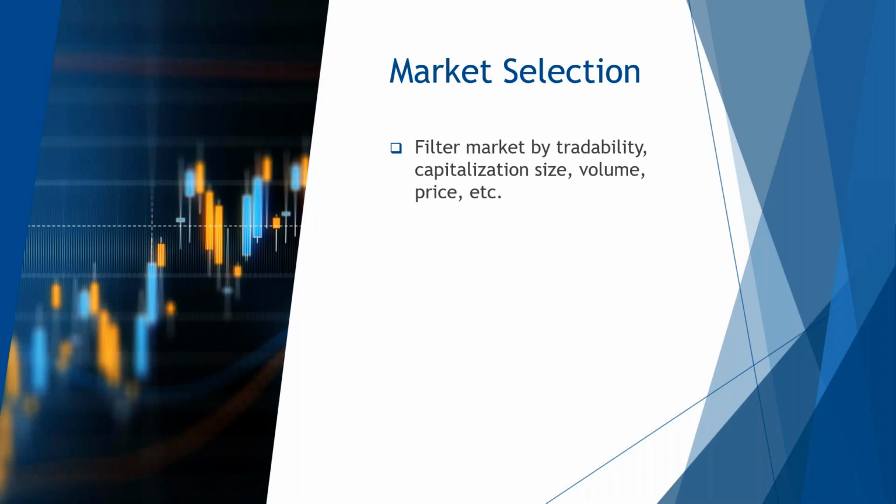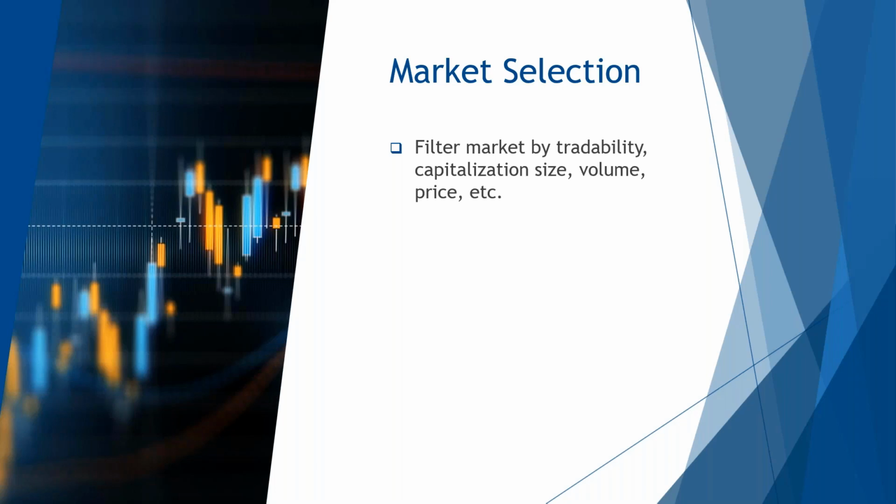Some of the variables you could think about would be capitalization, say market cap, the price of a particular stock. Maybe with the capital that you have, you can't trade $250, $500 stocks. They're just too expensive. Maybe you feel more comfortable trading $25 to $50 stocks. That's kind of your wheelhouse.